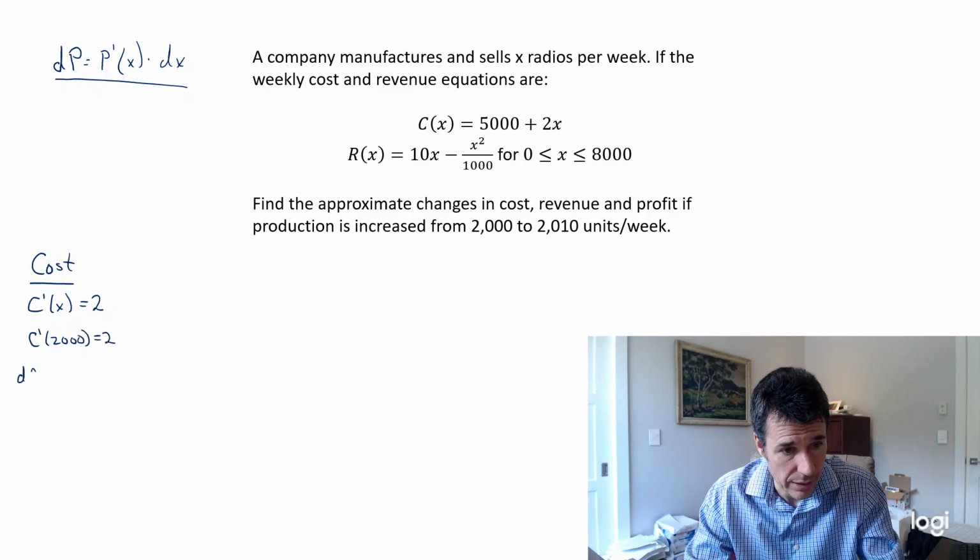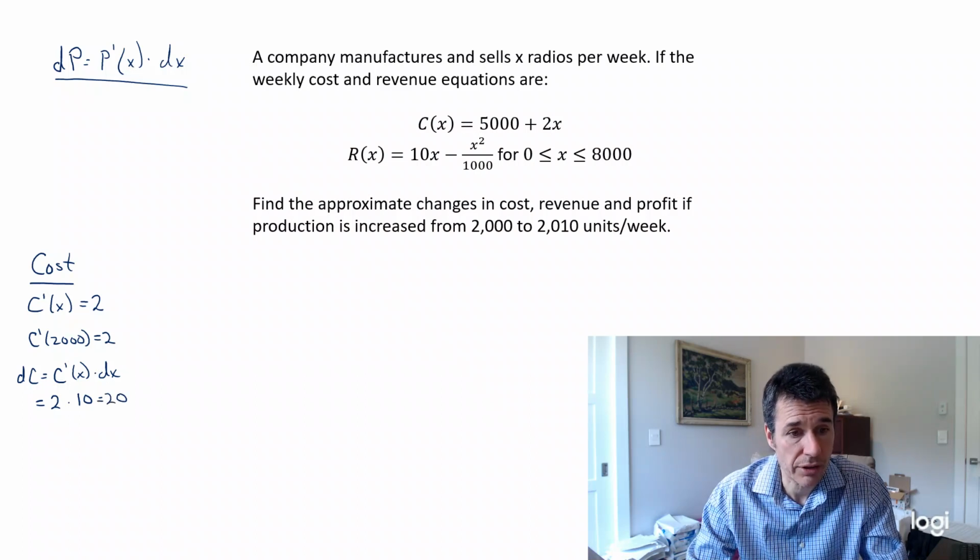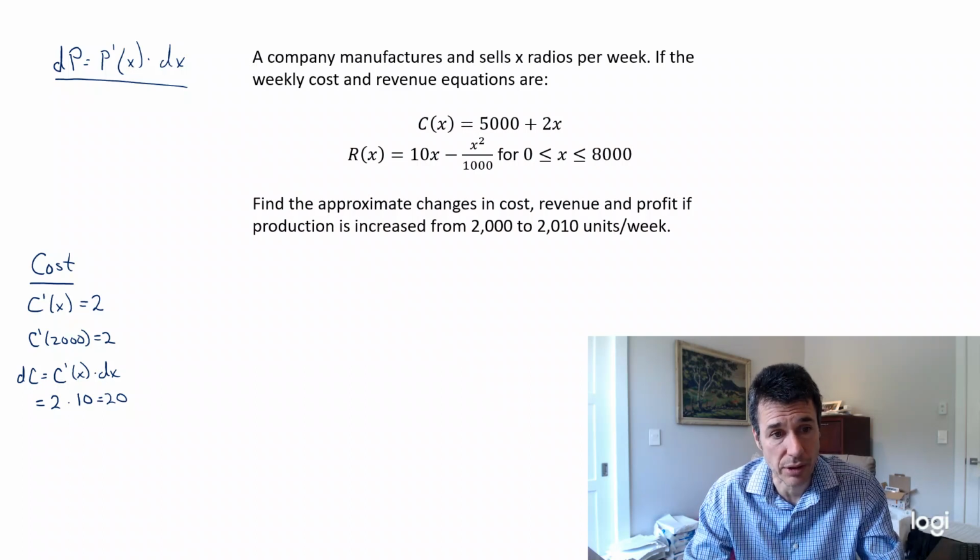And dC, the approximate change in cost, is going to be C'(x) times dx, which is 2 times dx. dx is 10 because we're changing from 2000 to 2010. So 2 times 10, so this is 20. So we estimate that costs increase by 20 as production increases from 2000 to 2010.